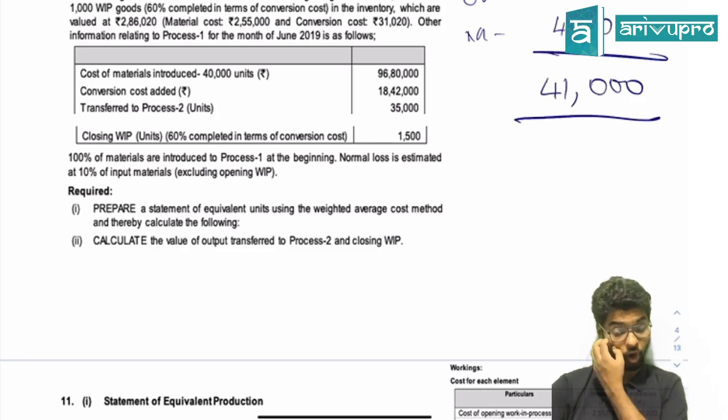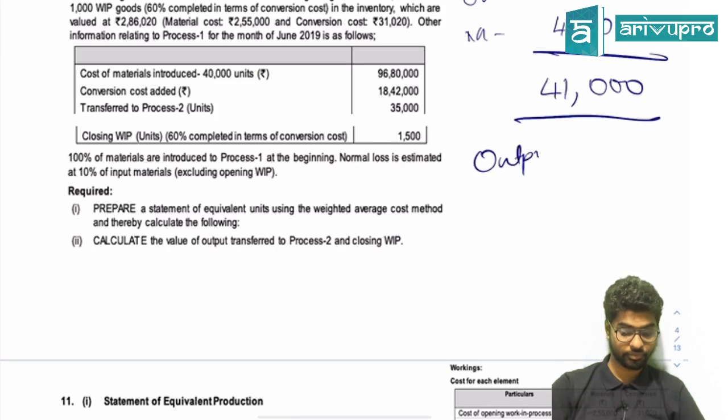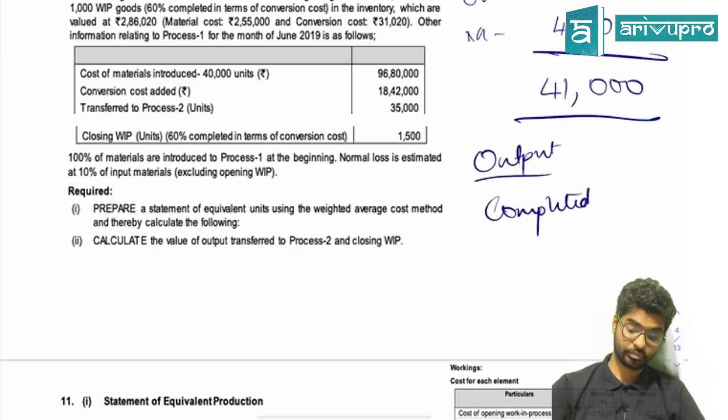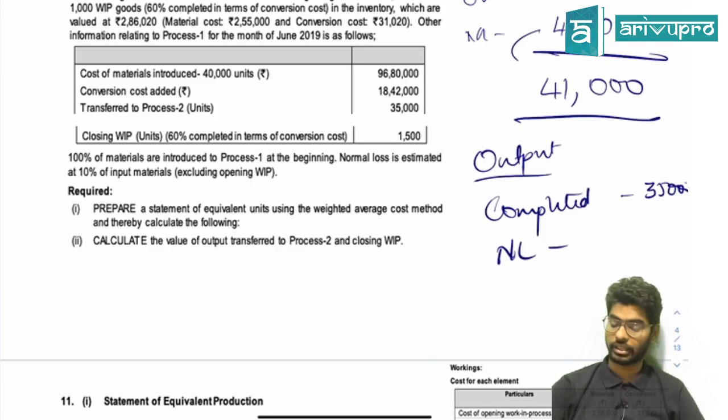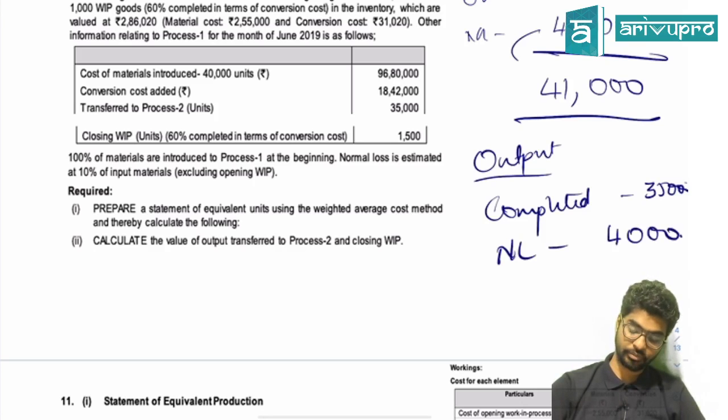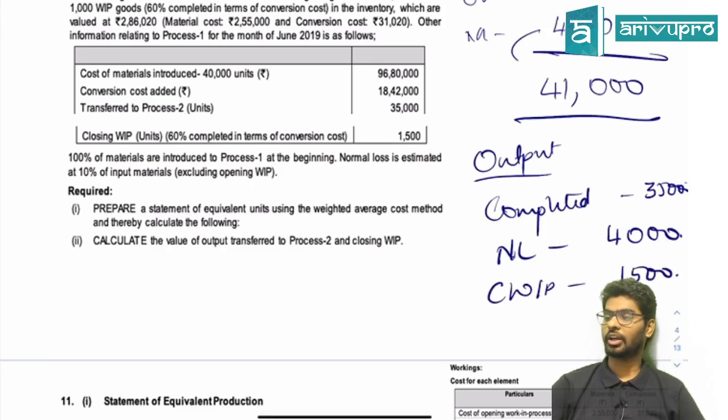Correct? What is going to be my output? How much is completed? 35,000. What is my normal loss? 10% of the input, that is 4,000, and closing WIP 1,500. Is my input and output matching?